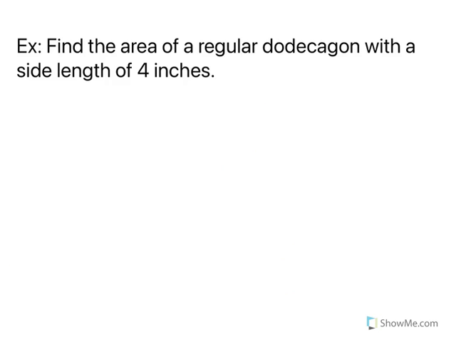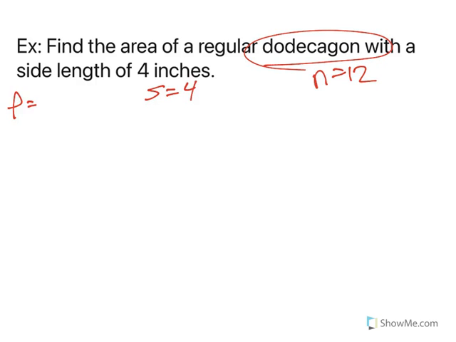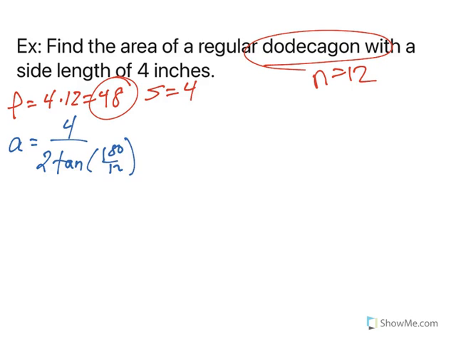Find the area of a regular dodecagon with a side length of 4. Now, fun because a dodecagon has 12 sides. So n is 12, the side length is 4. So my perimeter is 4 times 12, which is 48. Let's find our apothem by taking 4 divided by 2 tangent of 180 over 12.